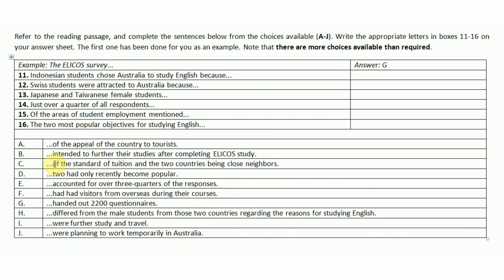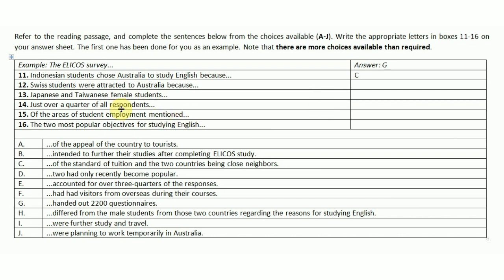Yes, here it is. Because of the standard of tuition, that is quality of courses, the second reason, and the first reason was two countries being close neighbors, that is proximity to their home country. So definitely our answer is going to be C. Let's write it down. The 11th question's answer is C.